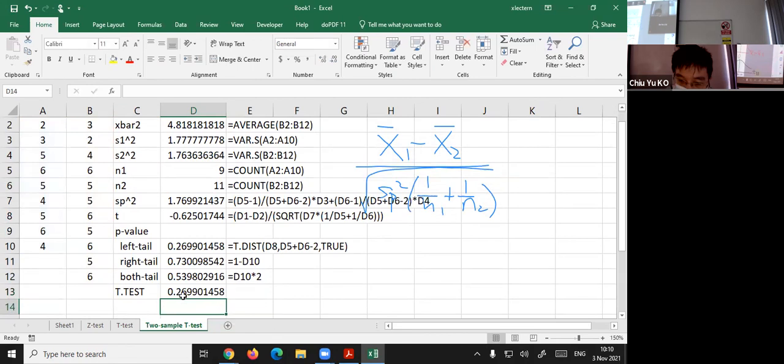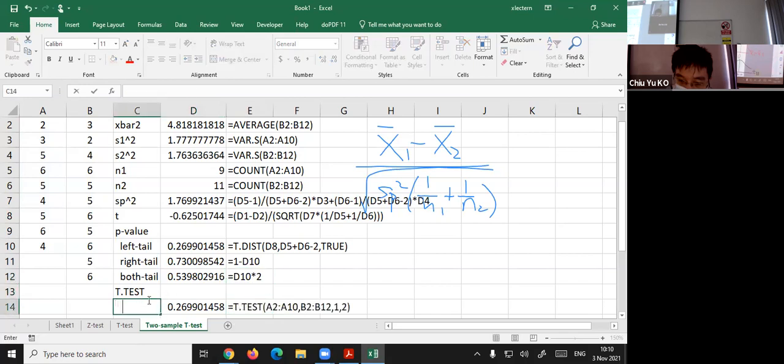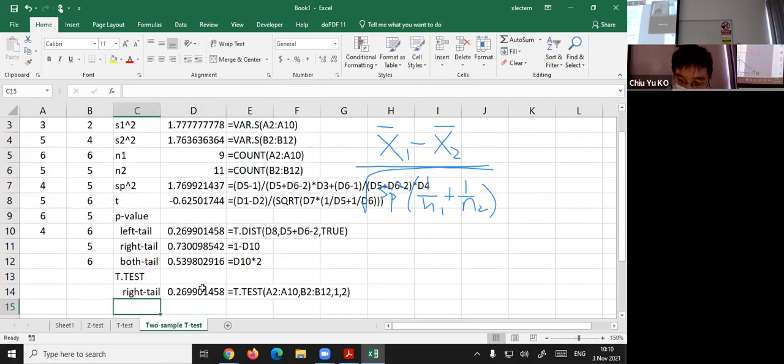So this is the same. Maybe I just move it a little bit. This is the right tail. Then they do the left tail. Interesting, the left tail thing. And I also can do the both tail.